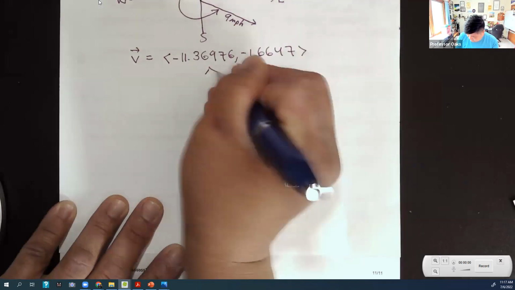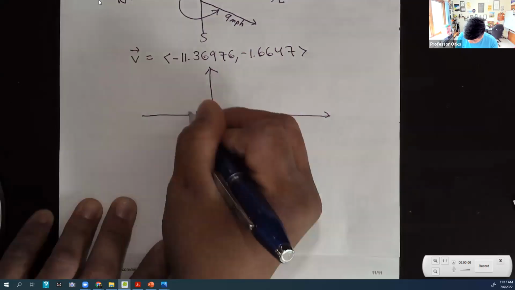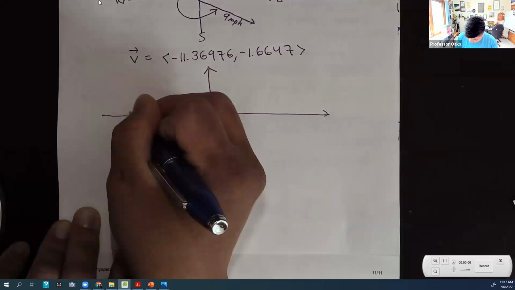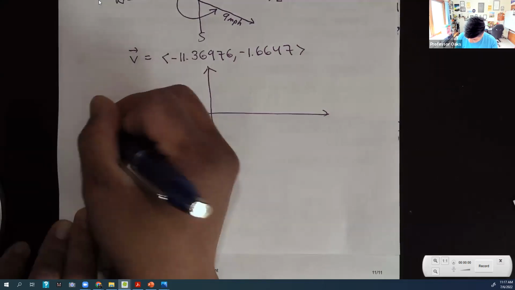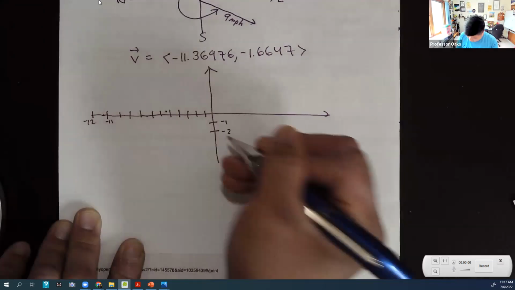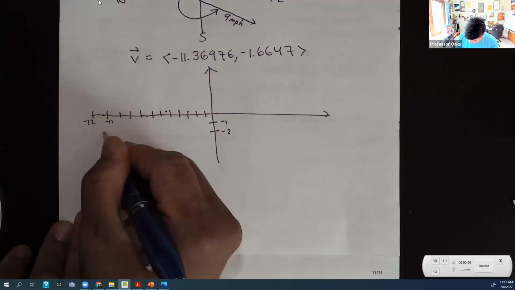Then that is actually here: 1, 2, 3, 4, 5, 6, 7, 8, 9, 10, 11. So negative 11, and then negative 1.6 something. So actually that will be over here.